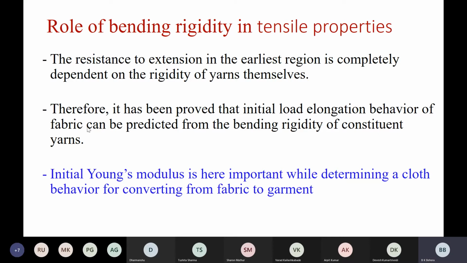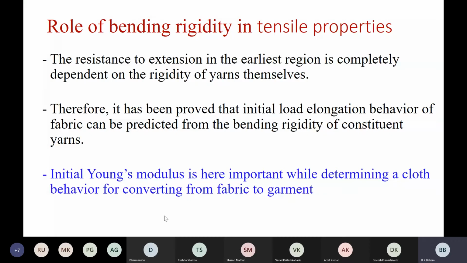Fabric gets more stretch if we go for sports, if you go for swimming, if you go for stretching. So that could be of the order of 5%, 6%, 10%, or even 30%. But in normal work, the cloth we wear is stretched very little, and if the fabric has less resistance in this zone, which we call initial Young's modulus, if the fabric gets extended initially easily, then we find the fabric is comfortable.